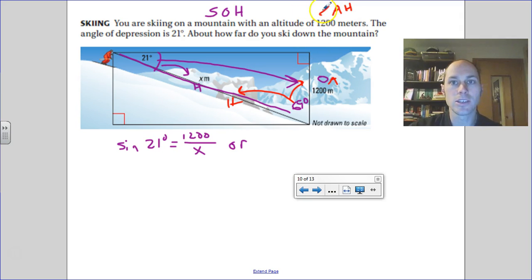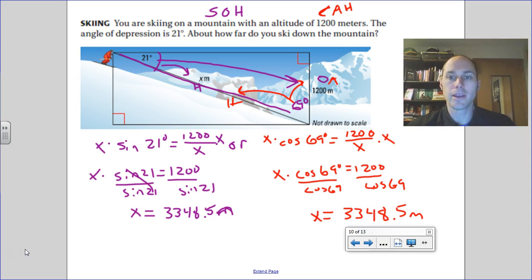So the one that uses CAH is cosine. So I could say cosine of 69 degrees equals adjacent over hypotenuse. So I can set it up either way using either acute angle. Just got to use my reference point from there. So once you solve either one, restart the video when you're ready to check your answer.